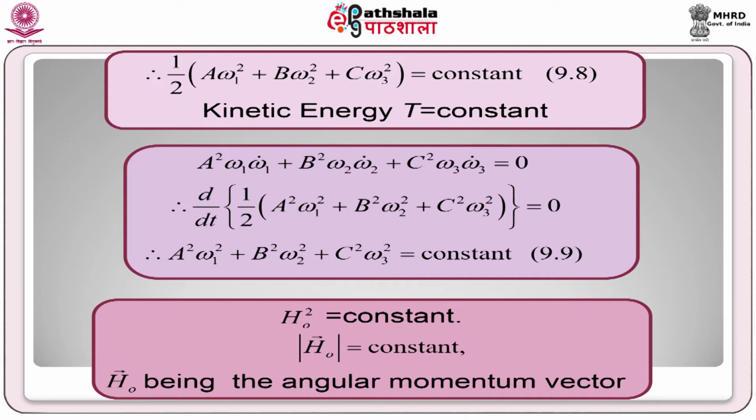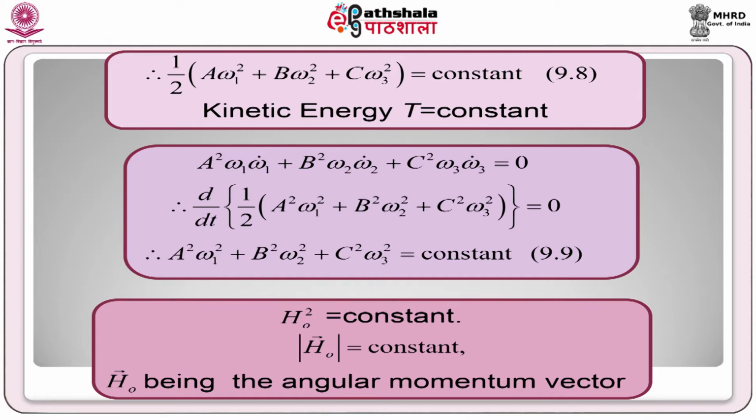Multiplying the second equation, that is 9.7b, by capital B into omega 2, and 9.7c by capital C into omega 3, and adding, we get this one: capital A square into omega 1 into omega 1 dot plus capital B square into omega 2 into omega 2 dot plus capital C square into omega 3 into omega 3 dot equal to 0.